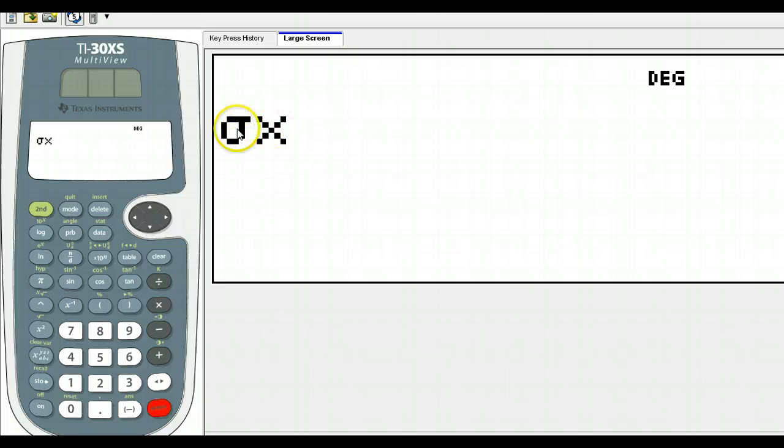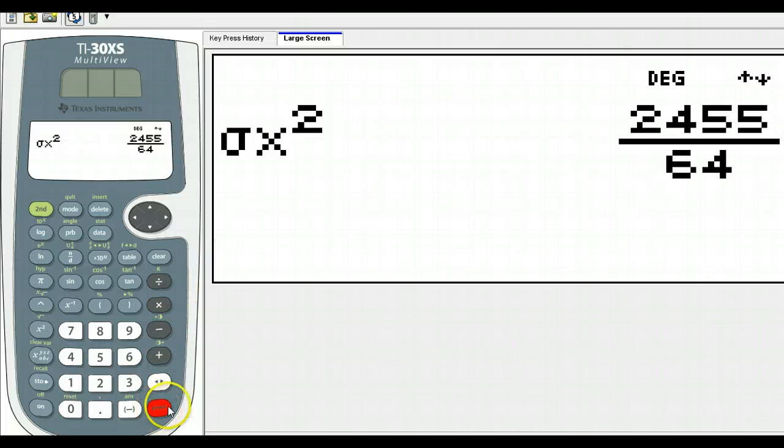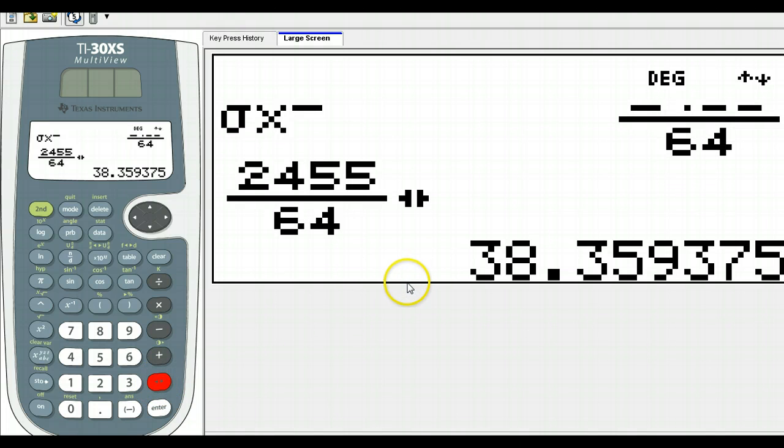Now this symbol is containing all of those decimals, all those good decimals of accuracy. So if I want the standard deviation squared, I can just square this. Okay, and they're giving me this fraction. That is great, but let's go ahead and toggle that.